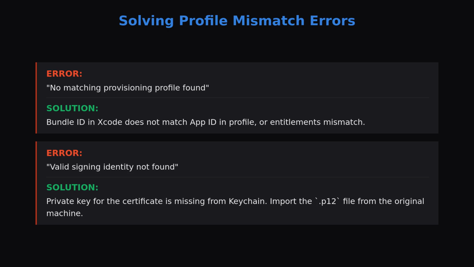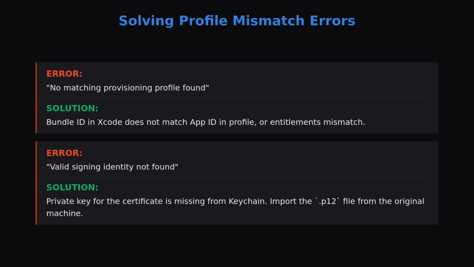Let us address the most frequent signing errors encountered during deployment. The error "No matching provisioning profile found" indicates that the selected profile does not match the bundle identifier or the required entitlements of the target application. To fix this, verify that the bundle identifier in Xcode's general settings matches the app identifier in the portal exactly.